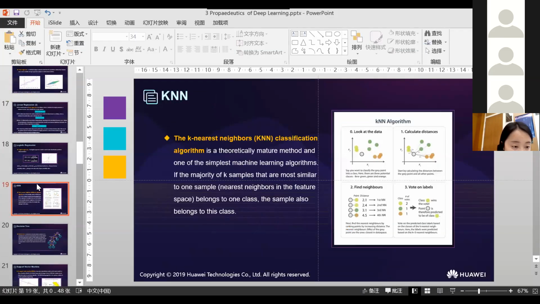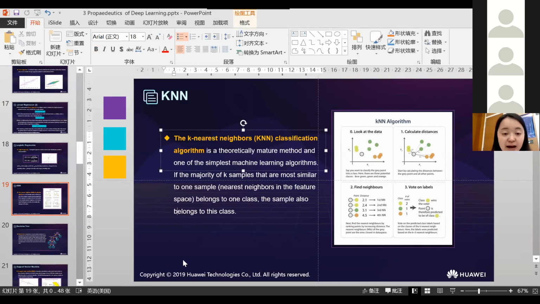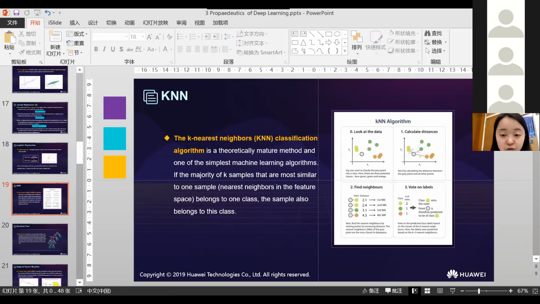And maybe the next algorithm we're gonna talk about is KNN. So here KNN means k nearest neighbors. Here this k is also a hyperparameter.